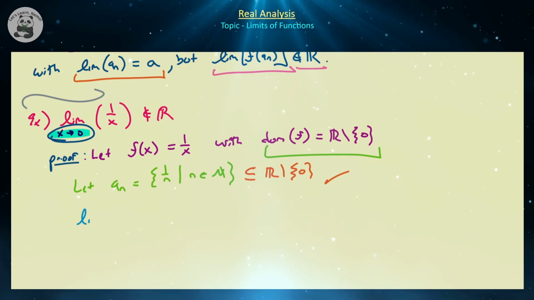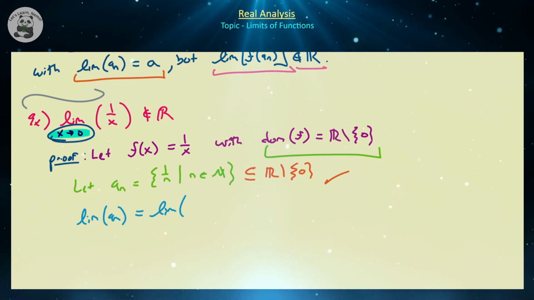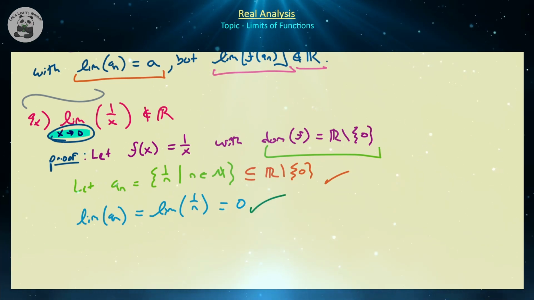So the limit of a_n is equal to, as we already know, the limit of 1 over n, which we've proven in at least two ways, is equal to 0, right? So this part is satisfied. And if we can show that the limit of f of a_n does not exist, then we're good. That's right. So property 1 is satisfied, property 2 is satisfied.